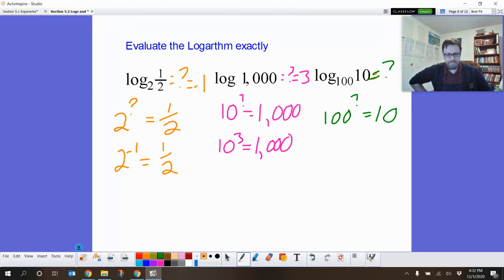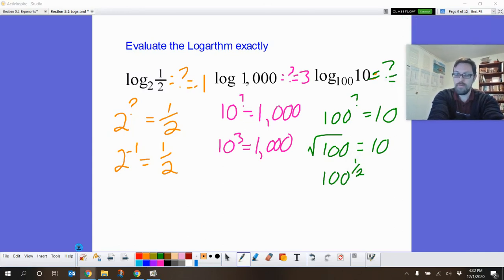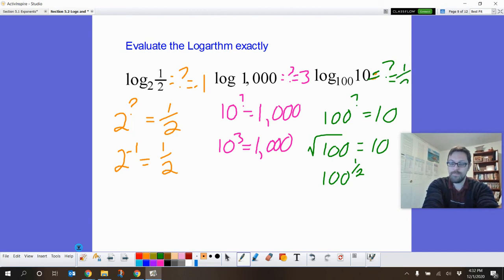Square root as an exponent, 1/2. So if I do the square root of 100, that equals 10. So that is like 100 to the 1/2. So this equals 1/2. So there, I was able to do those logarithms without a calculator.